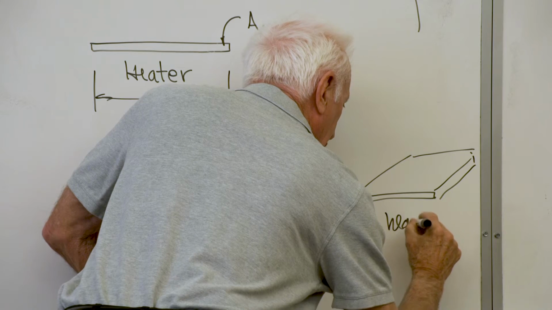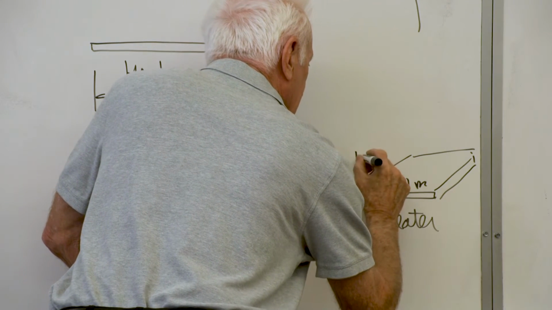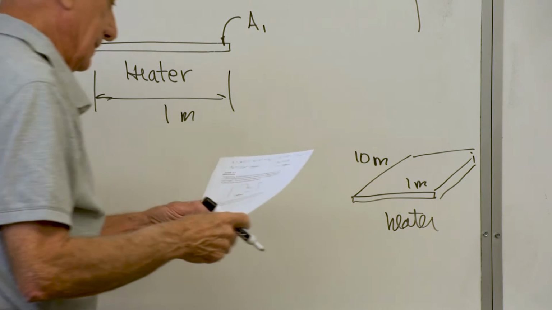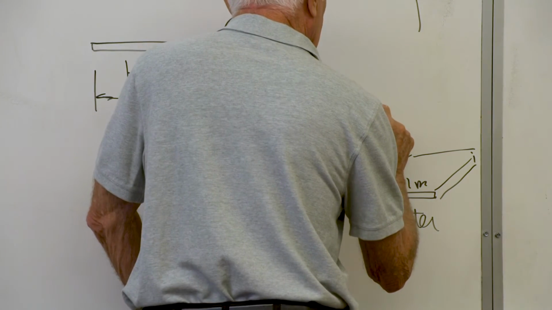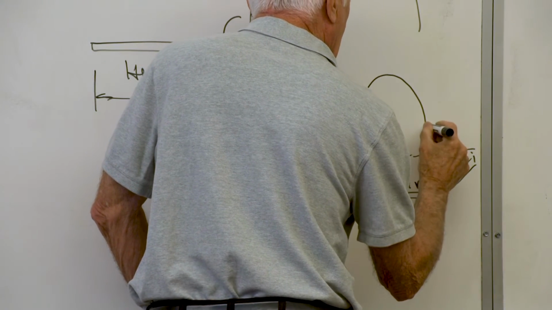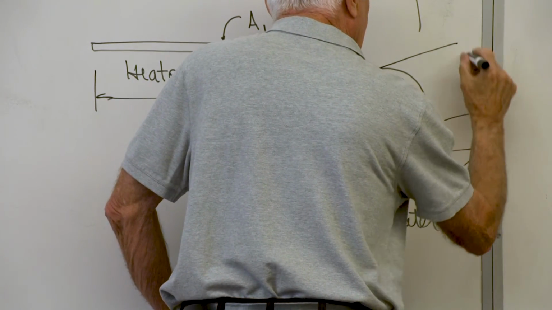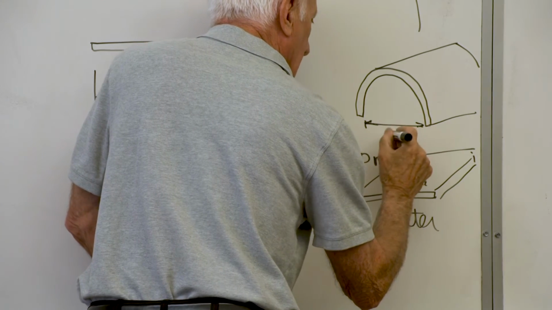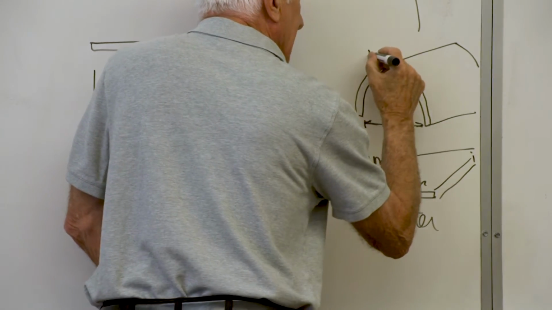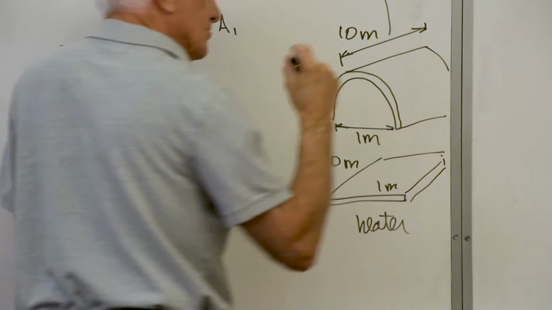Here's the heater, 1 meter by 10 meters. It's 10 meters in length into the blackboard. The absorber looks like this. Again, it's 1 meter by 10 meters. So that's the geometry.